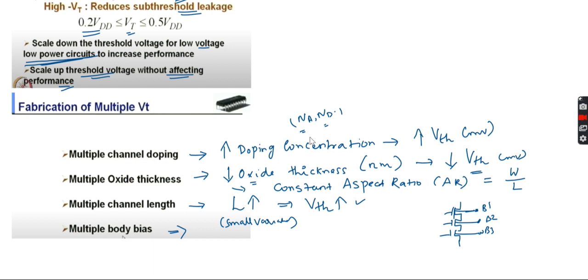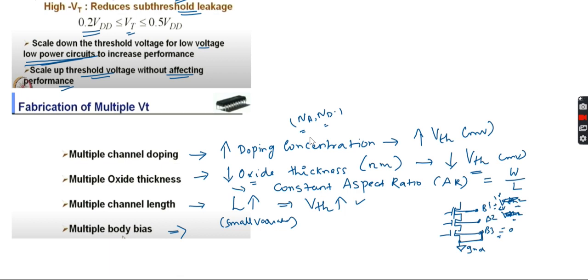The last transistor, if its source is ground, will be connected to ground, so B3 is 0. The threshold voltage will be different: VTH1, VTH2. These are body bias voltages, sorry, B2. Here 0 is connected, this will be 1 volt, this will be 2 volt.